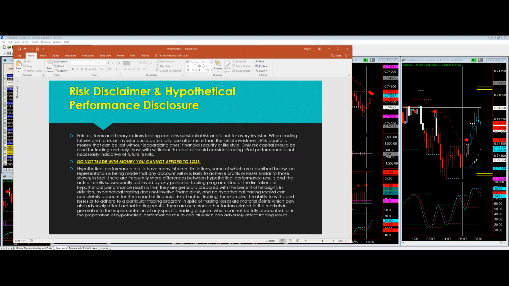Now, the other one, because I'm going to be showing a strategy this morning, it is based on hypothetical performance, and these do have limitations. The reason it has limitations is because there's only so much back data you can load, and it's going to give you the best entry and exit signals.